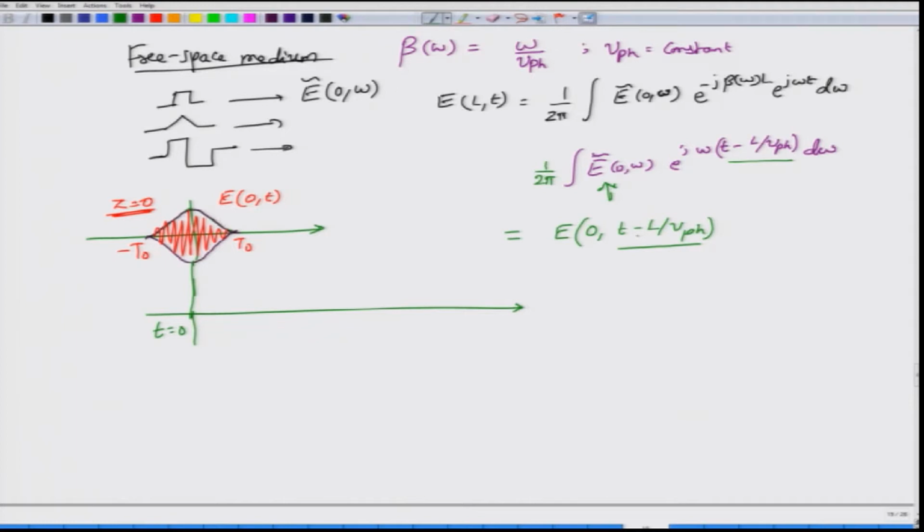Now, to get the same pulse center here you need to make t equal to L by VPH, and therefore, the pulse center has simply moved by this distance which is L by VPH, and this delay is what we call as phase delay. Luckily, every frequency component that makes up the pulse will experience the same delay and therefore arrive at the output at the same time.